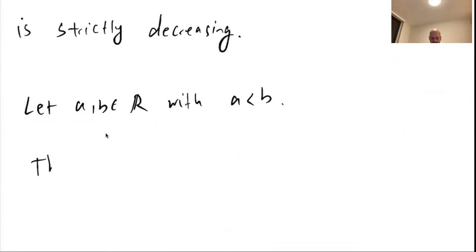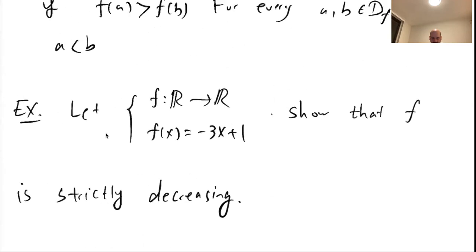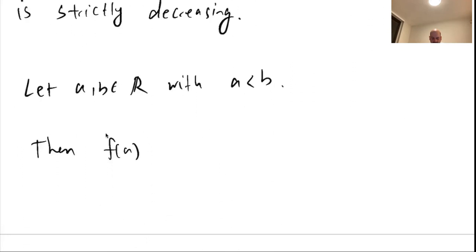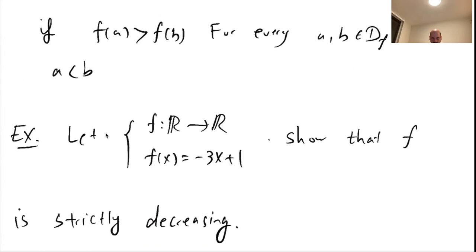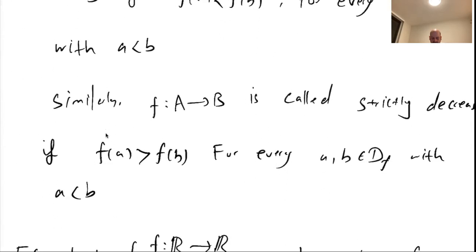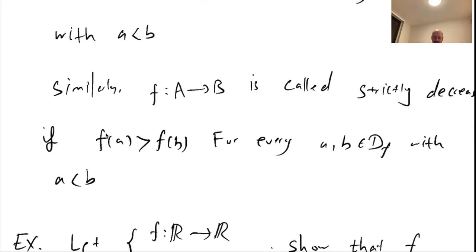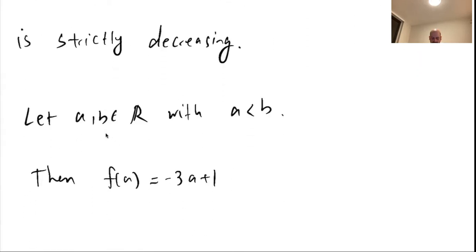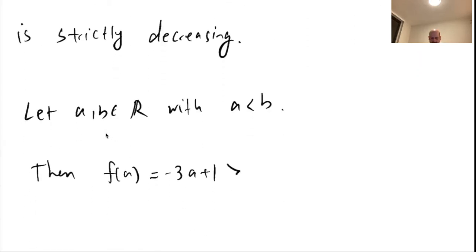Then f of a is how much? Minus 3a plus 1. So it's strictly decreasing, I have to show that f of a is bigger than f of b. So minus 3a plus 1 is bigger than minus 3b plus 1, which is f of b.